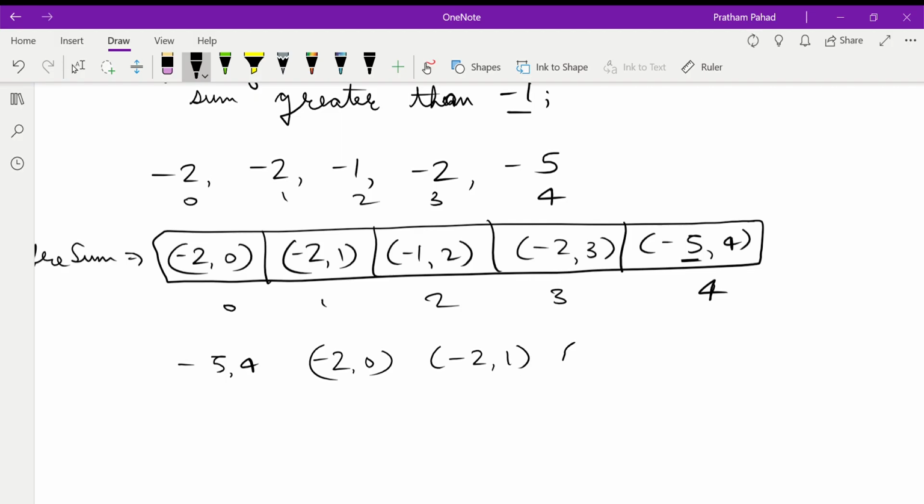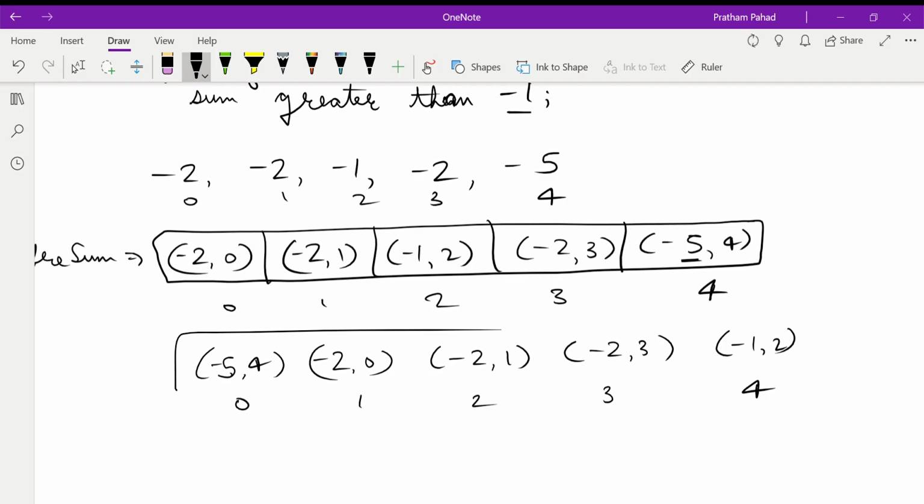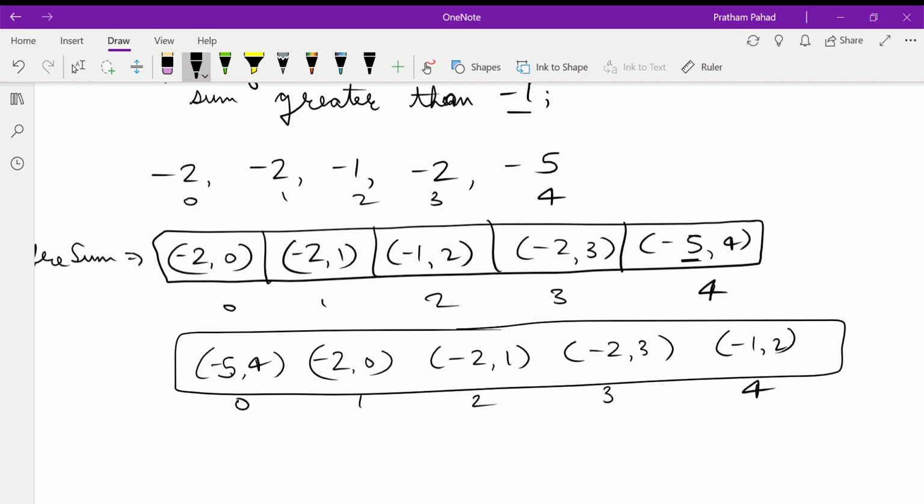Then -2, 3. And at last -1, 2. This is our prefix sum array.